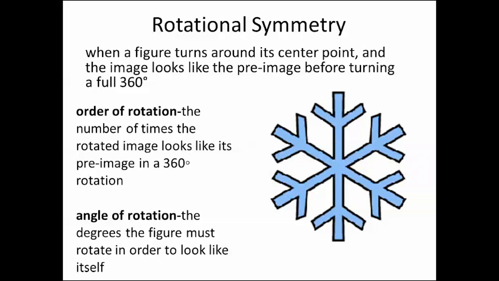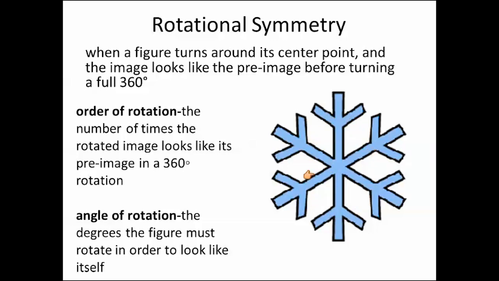We can also find rotational symmetry, which is where we have a figure, we're going to turn it around the center point, and as we turn it, that image is going to look like the pre-image we started with.